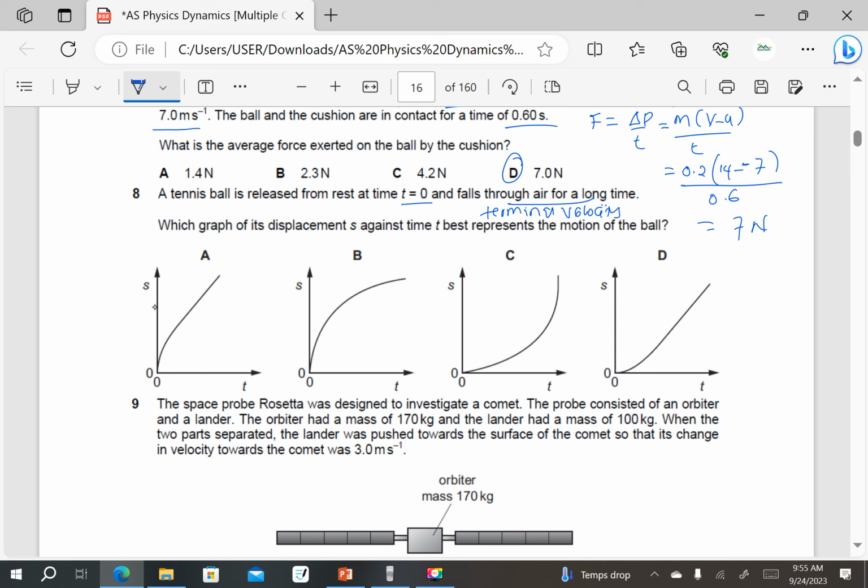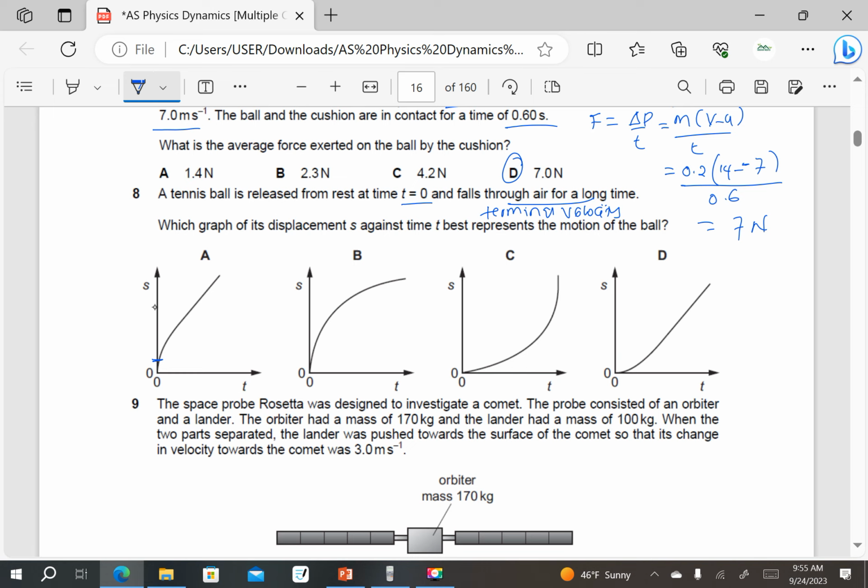So remember, if it is a displacement time graph, to show terminal velocity, the gradient will be tending to a straight line. So it falls through air. So this one is showing that the displacement is constant for some time.